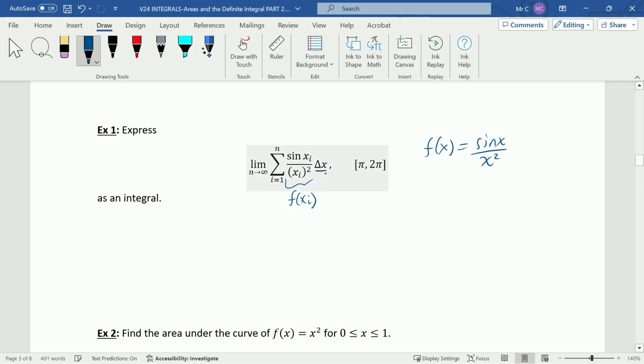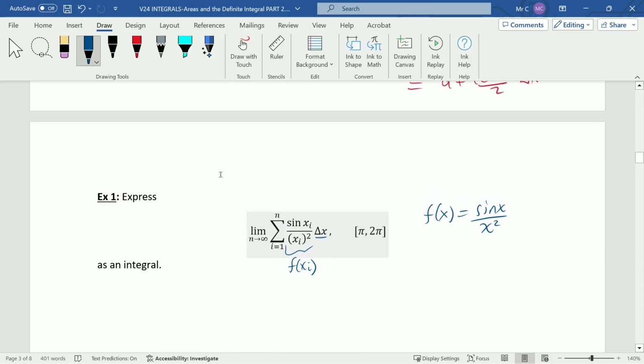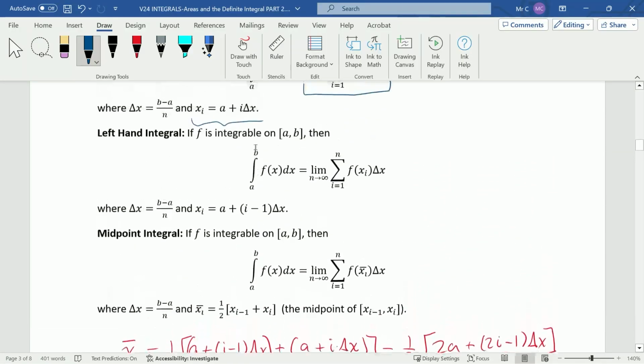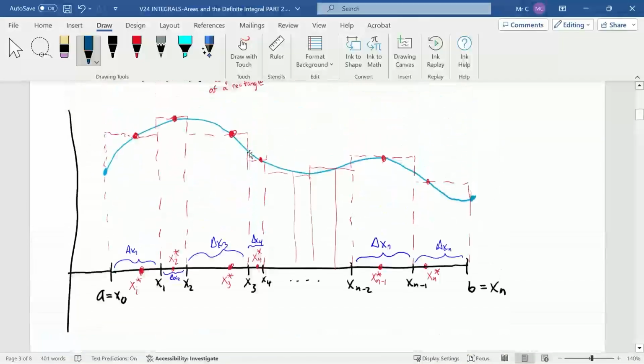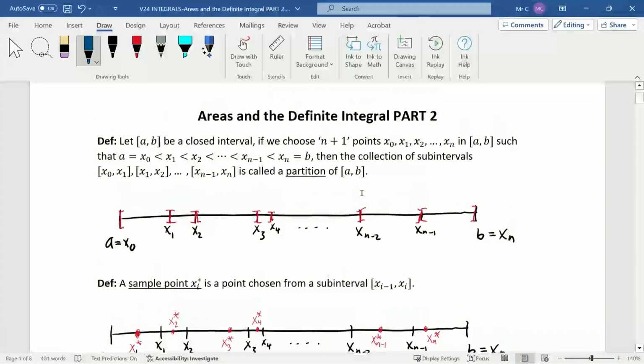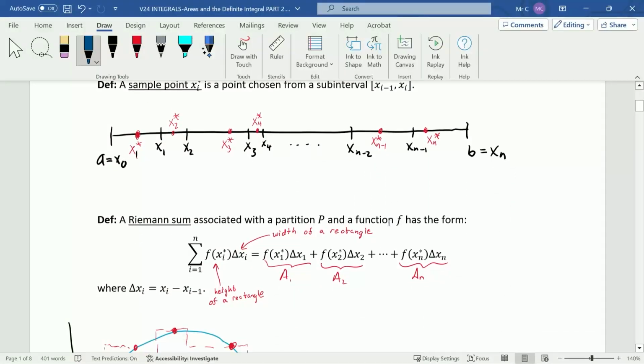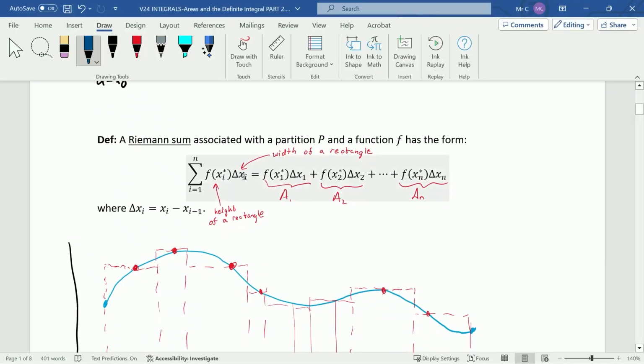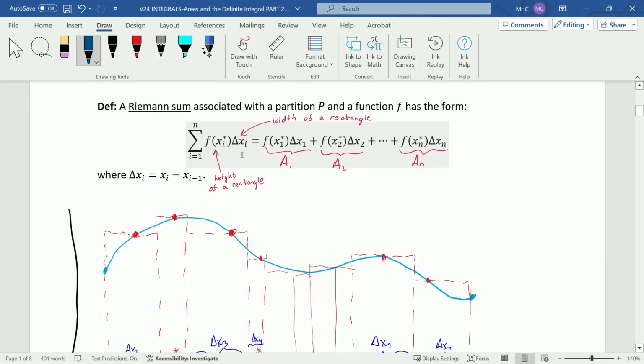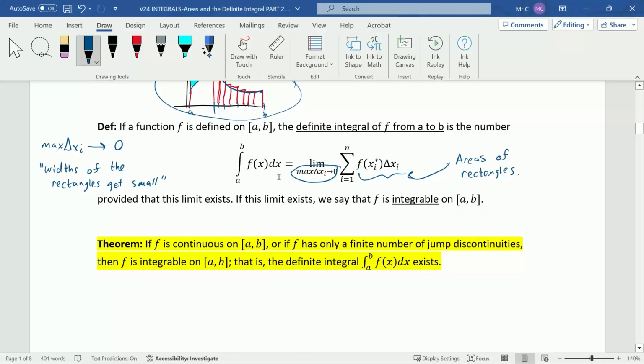Remember, delta x is the width of the rectangles, and when we go from the sum notation to the integral notation, delta x is the width of the rectangles in sum notation, and dx represents the width of those rectangles in integral notation.